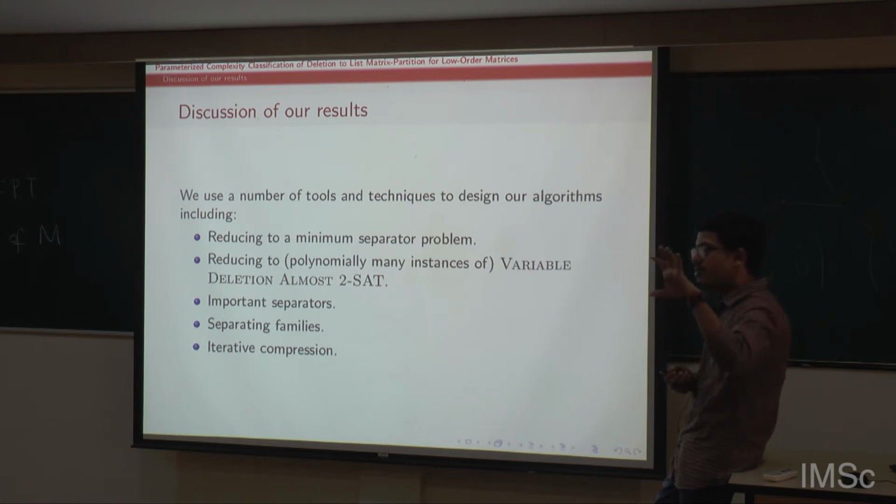If you are given a clique and an independent set in the graph, any clique and any independent set, there will be a set in the family that contains the clique and completely excludes the independent set. Okay, so similar separating families exist for separating other objects as well. It doesn't have to be cliques and independent sets, but similar objects also. So that is what a separating family is.